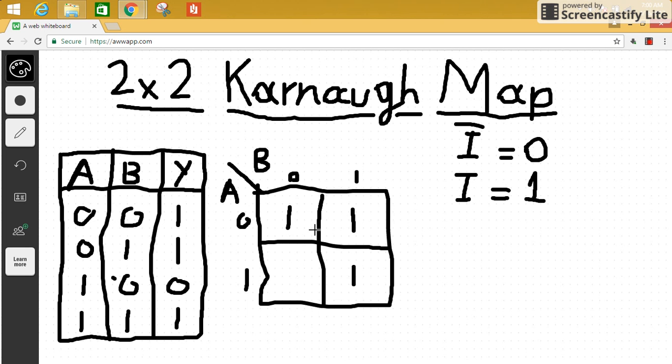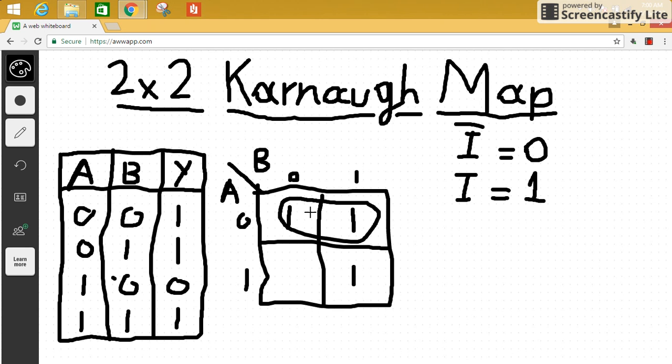Since we have to pair up in pairs of 2, we pair this one with this one. Remember one thing: we can only pair in the vertical or horizontal direction. We can't pair them up in diagonal directions.